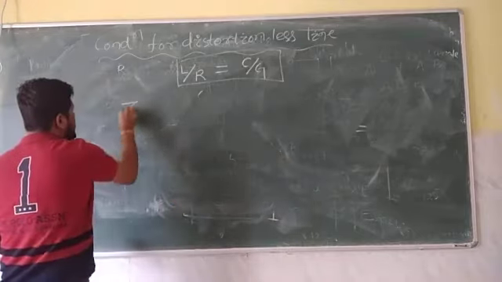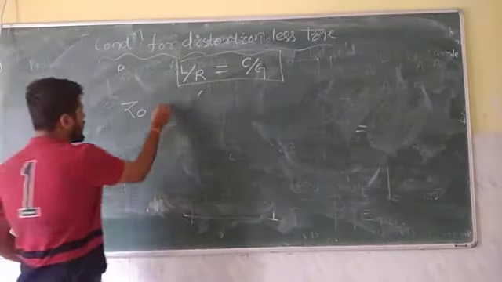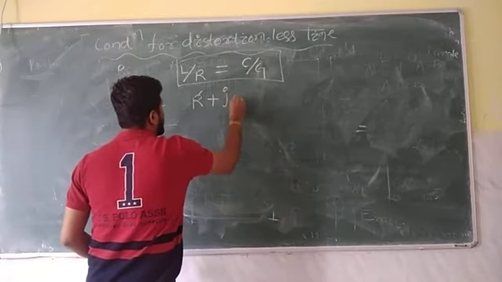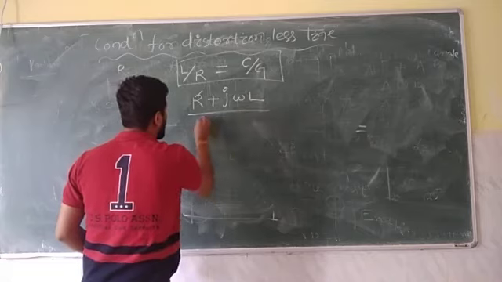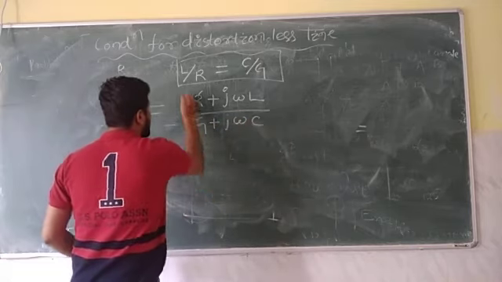For that case, what will be the effect on the characteristic impedance? You know the characteristic impedance formula is Z0 equals the square root of (R plus j omega L) divided by (G plus j omega C).